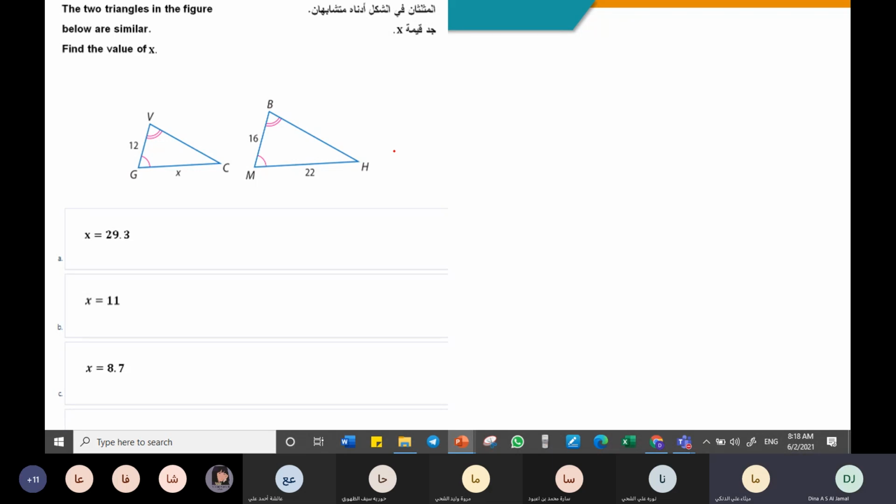Great. So now I have two similar triangles and they are similar using angle similarity. See, here I have two angles that are congruent. Whenever I have similar triangles, what can I understand about the sides?